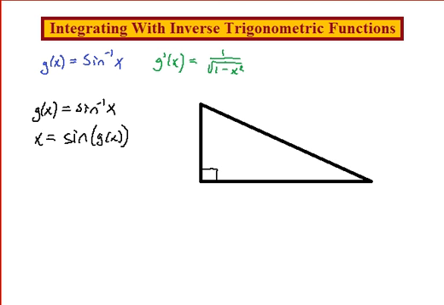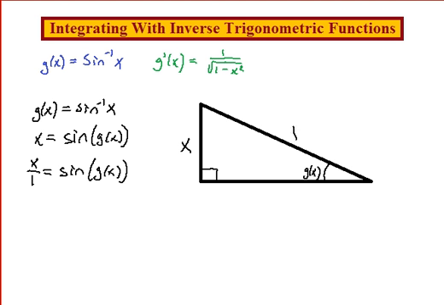In this scenario, then, the angle, I can choose any of these other two angles, is called g of x. And the sine function determines a ratio, which we can call x over 1. X over 1 is sine of g of x. Sine represents opposite divided by hypotenuse. So x is my opposite, 1 is my hypotenuse.